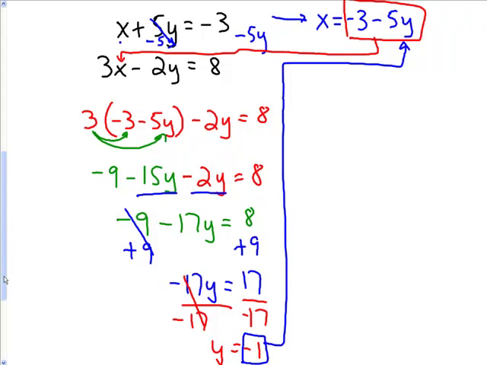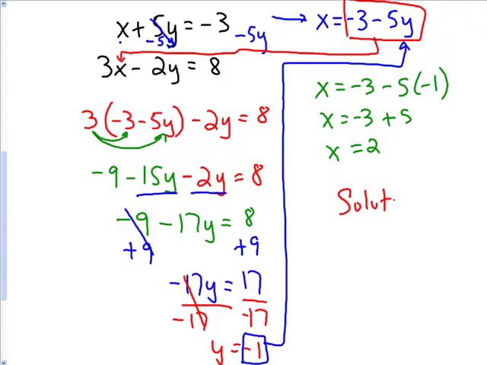So let's go ahead and solve for x. X equals negative 3 minus 5 times negative 1, or x equals negative 3 plus 5, x equals 2. So my solution for this system of equations is 2, negative 1, which is the point at which the graphs of each line will intersect.